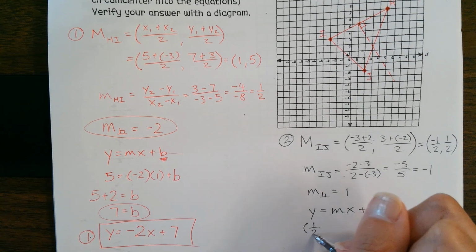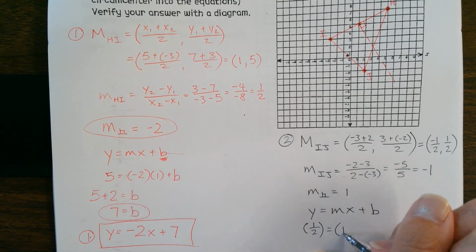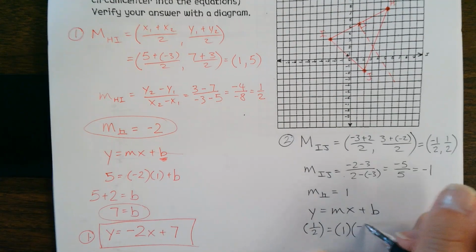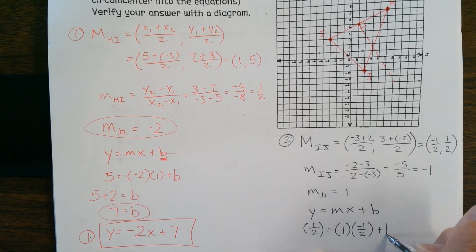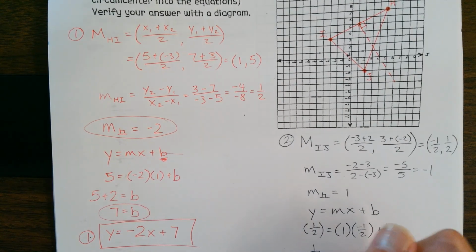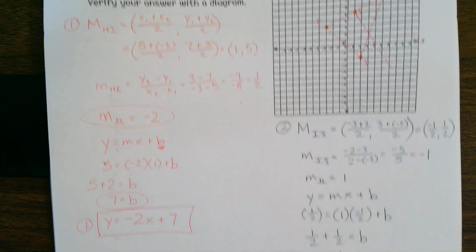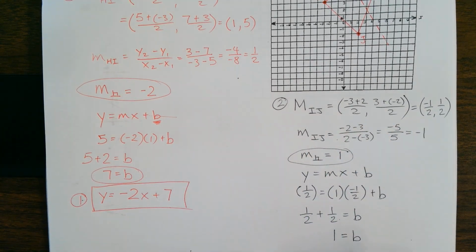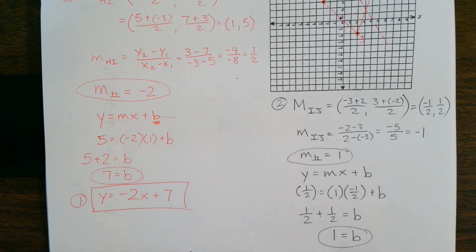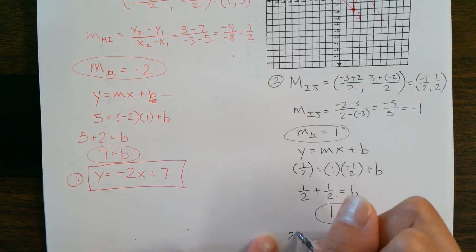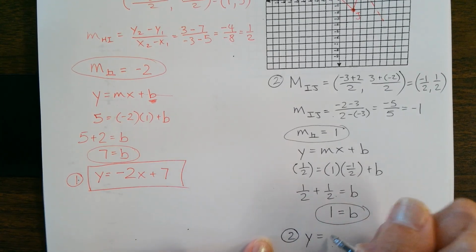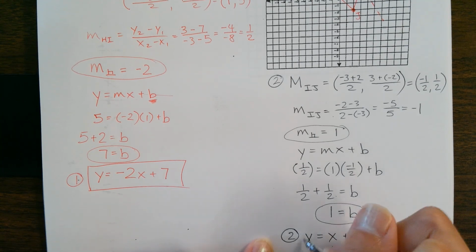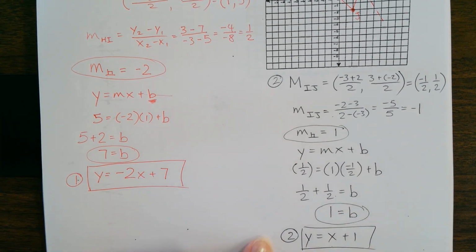A half equals, my slope is 1, my x is negative 1/2. So I get a half plus a half equals b, which means b is 1. My perpendicular slope is 1, my y-intercept is 1. So my second equation is y equals x plus 1.